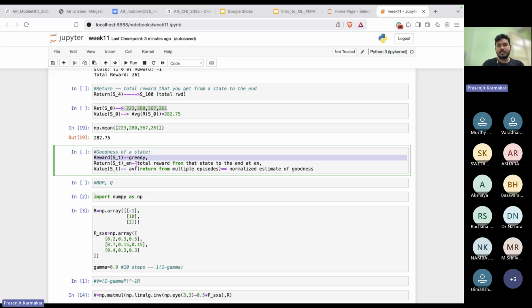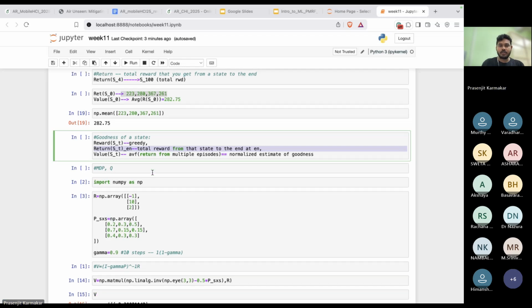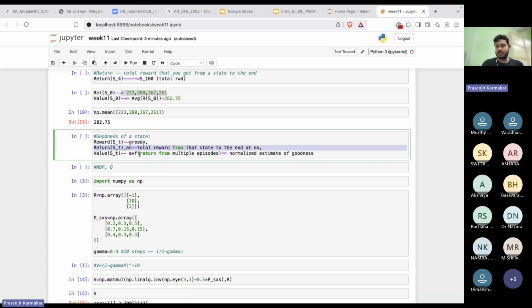And return, based on the gamma value, you can consider as future proof, or future planned. But it can vary a lot, based on which Markov chain you are seeing. So it's basically the total reward from a state to the end of the episode or Markov chain, but it can vary a lot, right? That's why you take an average of all possible returns from a state, which gives you the value of that state.